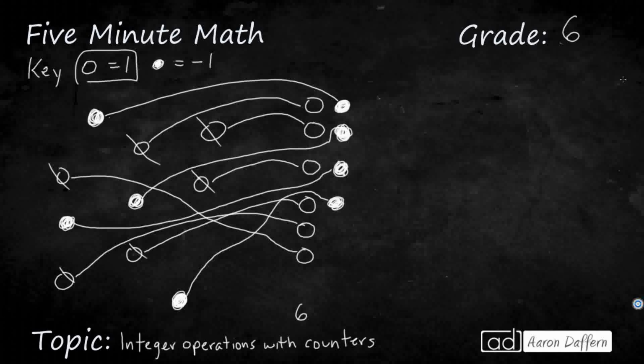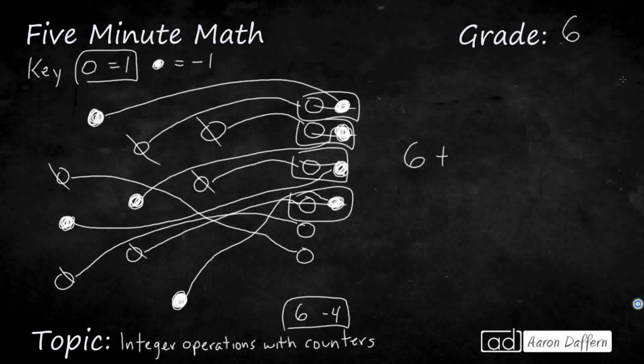All right, so what I have here are a positive 6 and a negative 4. And if I take out my zero pairs like this, cross them off, what I'm left with is positive 2. Now look what I have. It looks like 6 minus 4. We know 6 minus 4 is 2, but what I can write it as is 6 plus negative 4 equals 2.